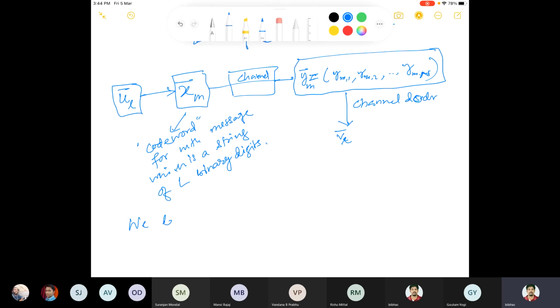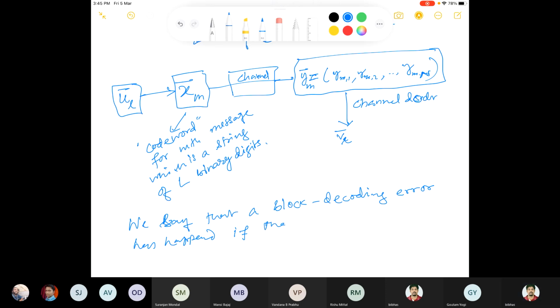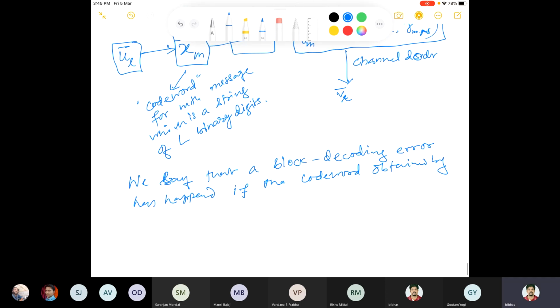We define that a block decoding error has happened if the code word obtained by the decoder is different from the input of the encoder.